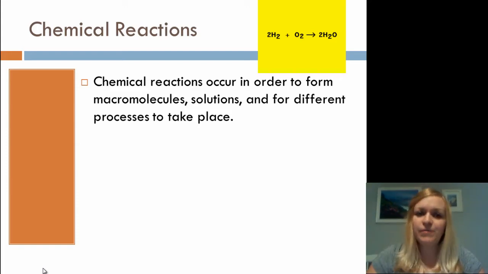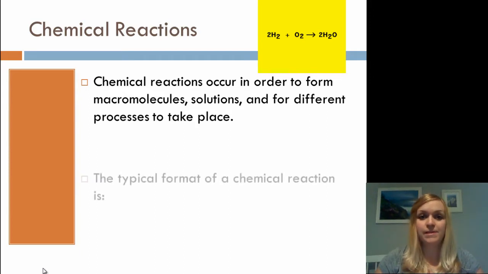So the first thing we need to understand is how macromolecules are formed, and to do this we have to understand a little bit about chemical reactions. Chemical reactions occur in order to form the macromolecules that we require, and also to make solutions, and they take place for different processes to actually happen in our bodies.